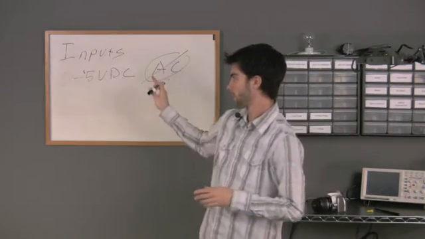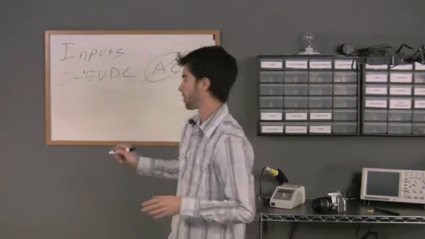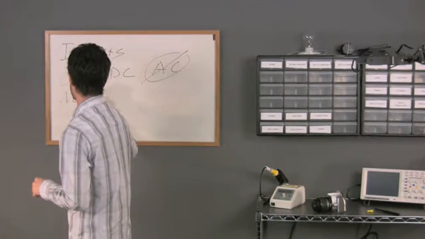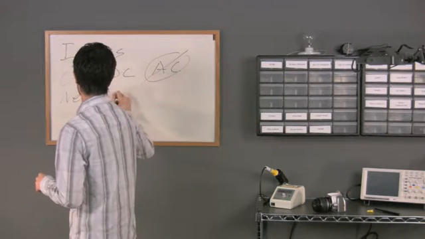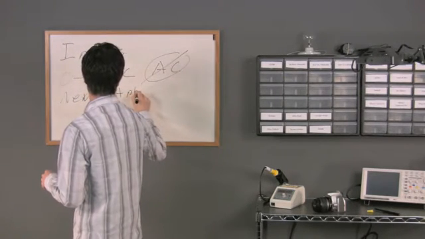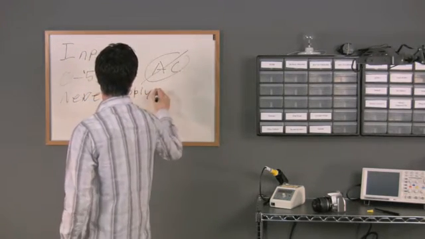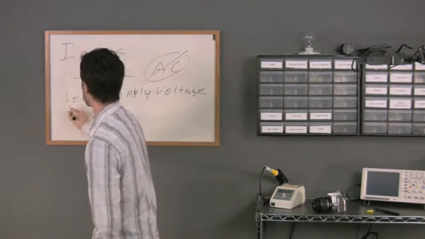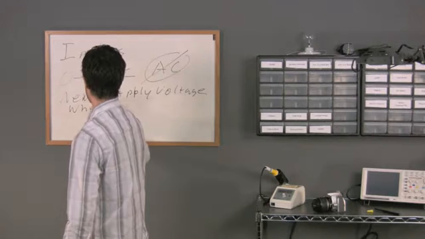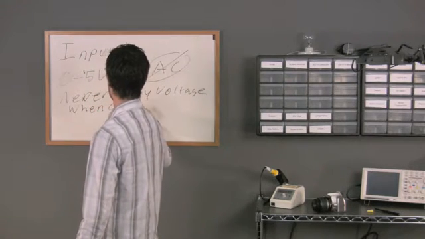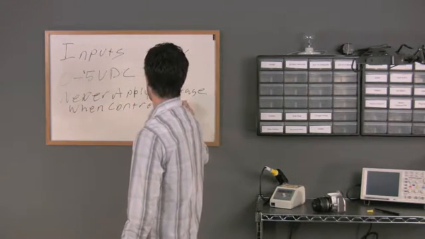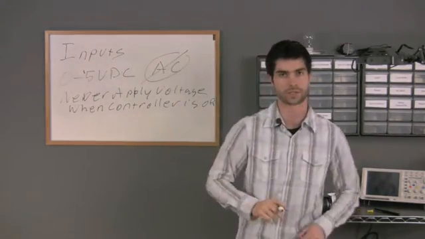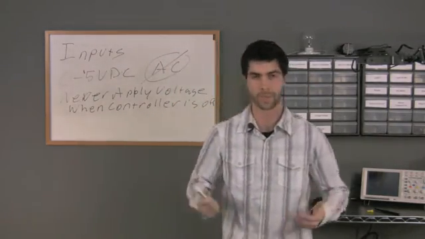Okay? Another thing, never apply power when controller is off. Well, that was pretty much ridiculous for me to write that whole thing out, but you get the gist of it.